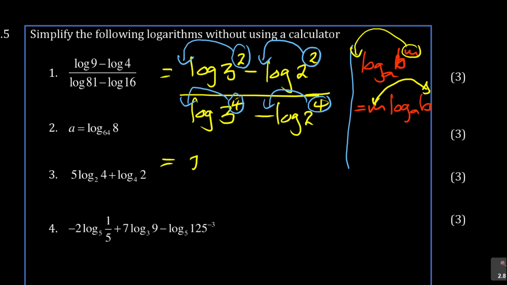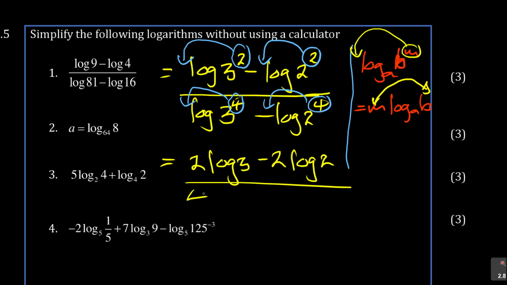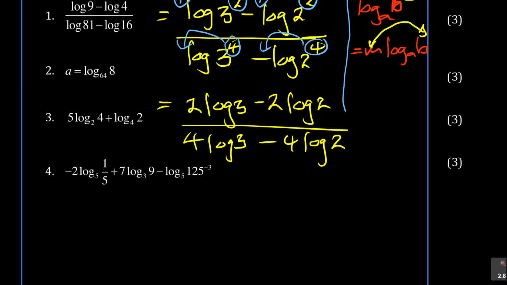It will be 2 log 3 minus 2 log 2, all over 4 log 3 minus 4 log 2. See where it was getting to now? What they wanted was for you to see a pattern here. Look: log 3, log 2, log 3, log 2.